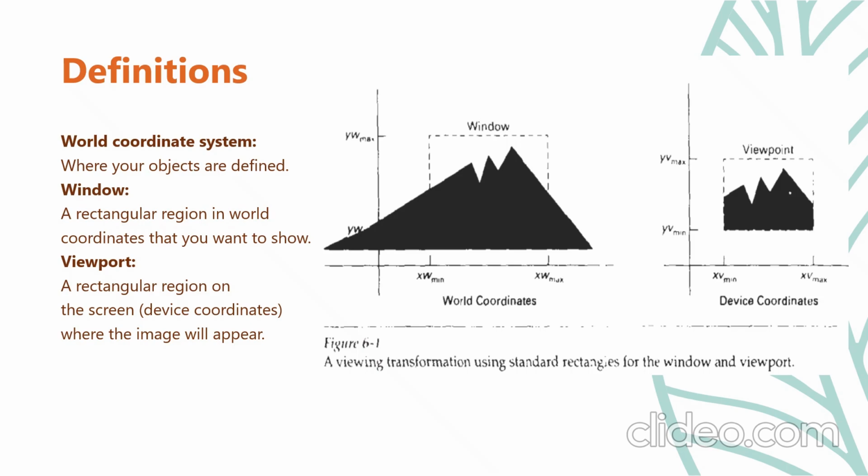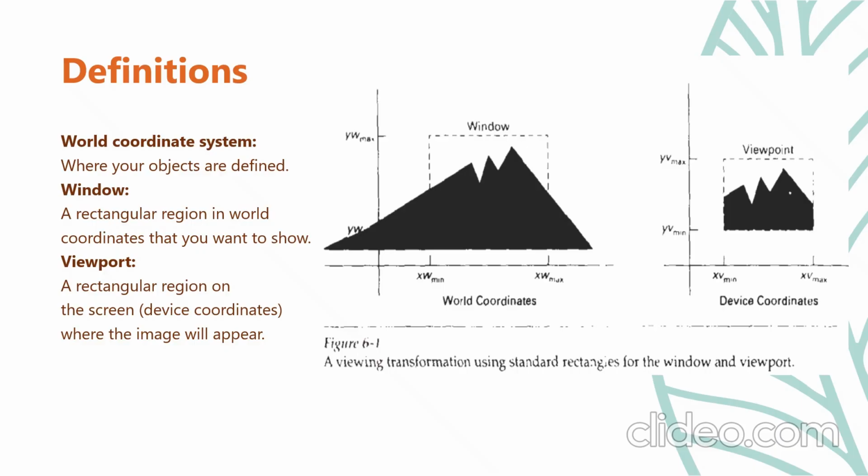And let's move on to the third term, which is viewport. A viewport is the rectangular area on the display where the selected window is finally shown. One important point to remember is that the window exists in world coordinates, whereas the viewport exists in device or screen coordinates.